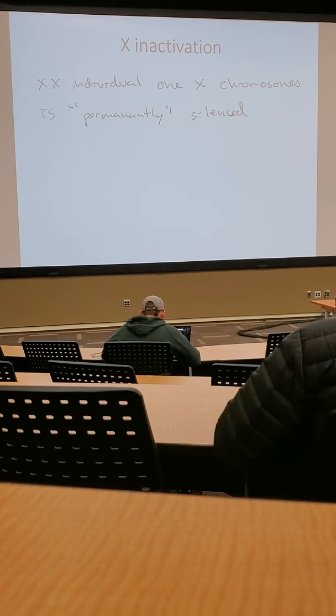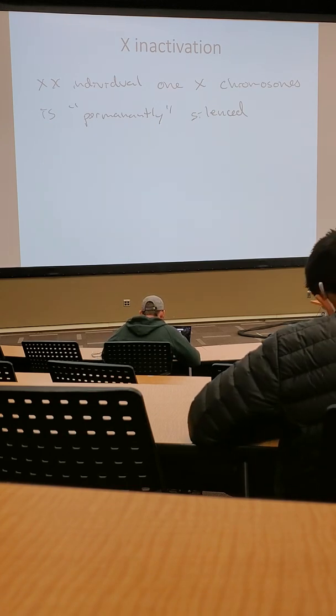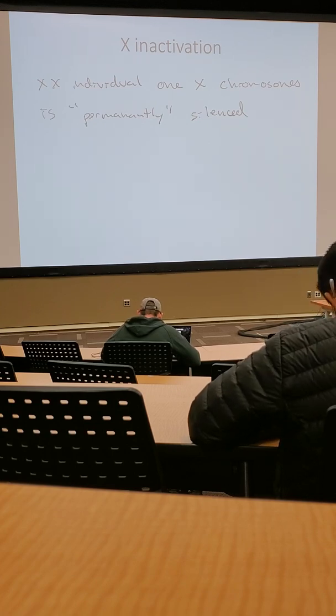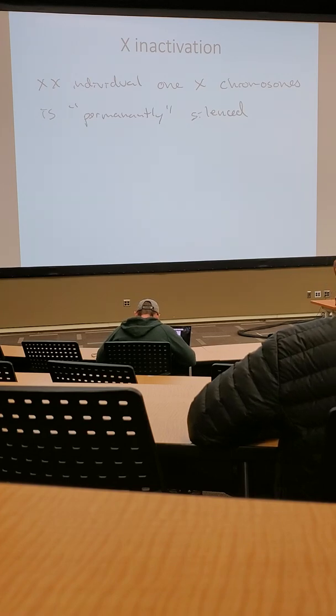Permanently silenced. You inherit two X chromosomes, but often in a cell, you're only expressing one of them at a time. How is this occurring? How is something having a specific effect on an X chromosome? It's through the action of a lot of genes and what's known as the X inactivation center.